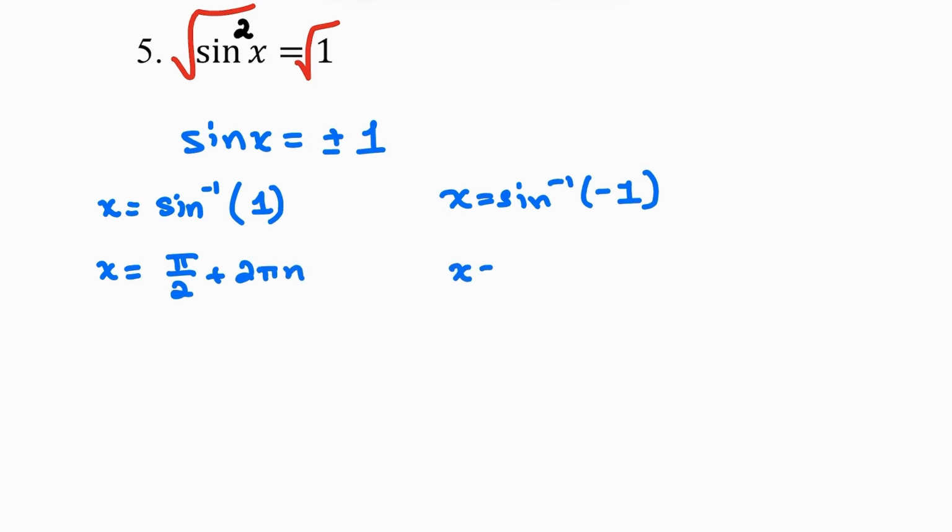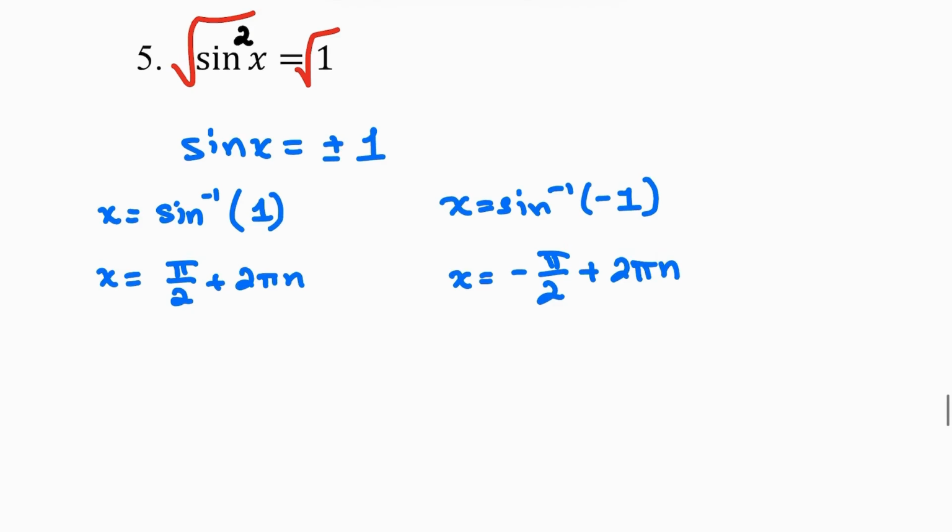But then, if I ask you for the rainbow value of negative 1, you should tell me it's negative pi over 2. And if I ask you for the supplement of that, pi minus negative pi over 2 ends up being 3 pi over 2, which is the same answer. So really, this is the only general solution I have for when sine is negative 1. So then I need to just list out all of my answers.